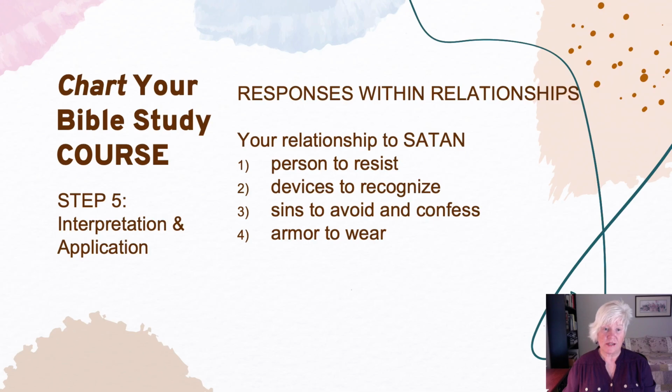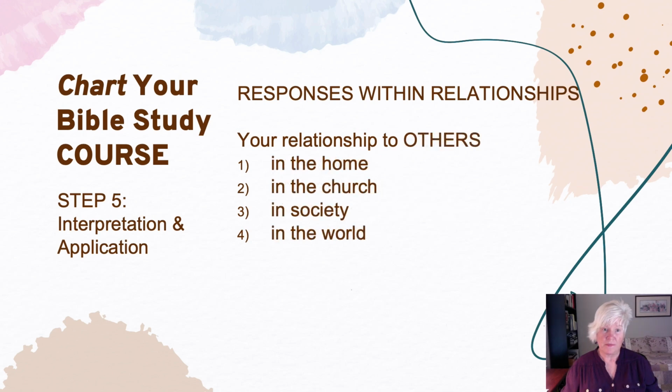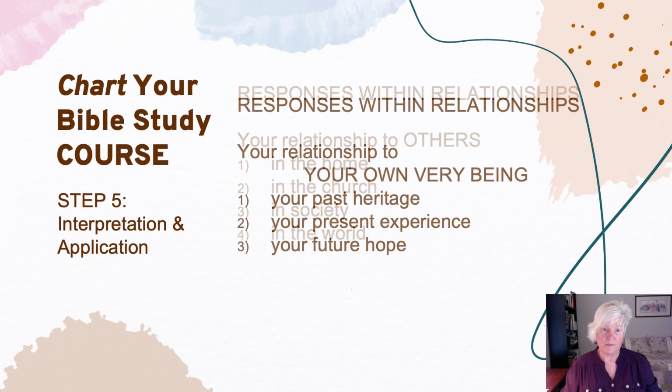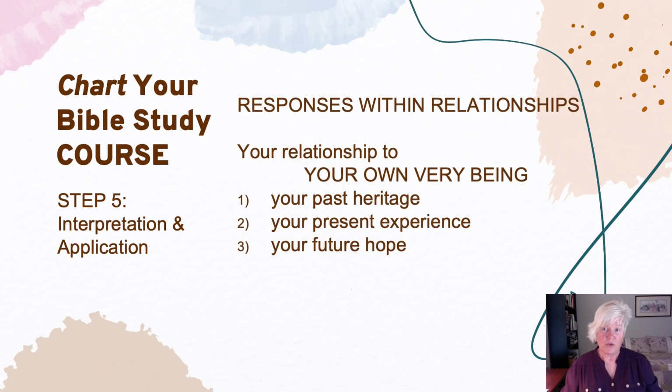There are devices to recognize, sins to avoid and confess, and armor to wear. In your relationship to others, you are in their home, in the church, in society, and in the world. In your relationship to your very own being, it's your past heritage, your present experience, and your future hope.